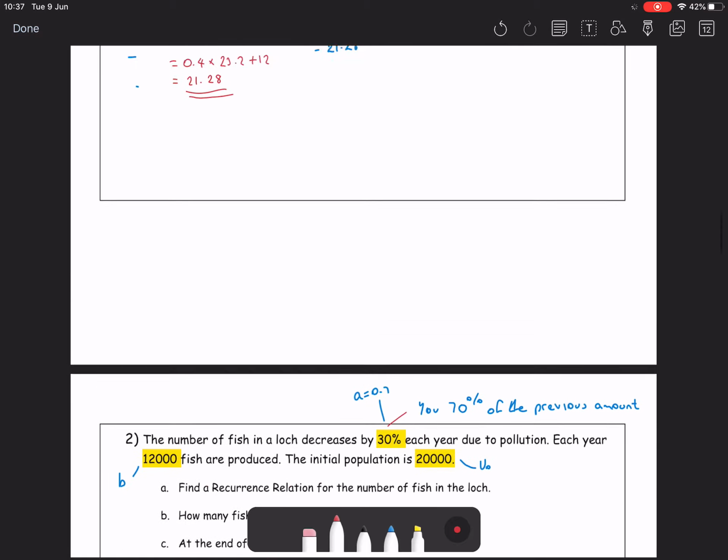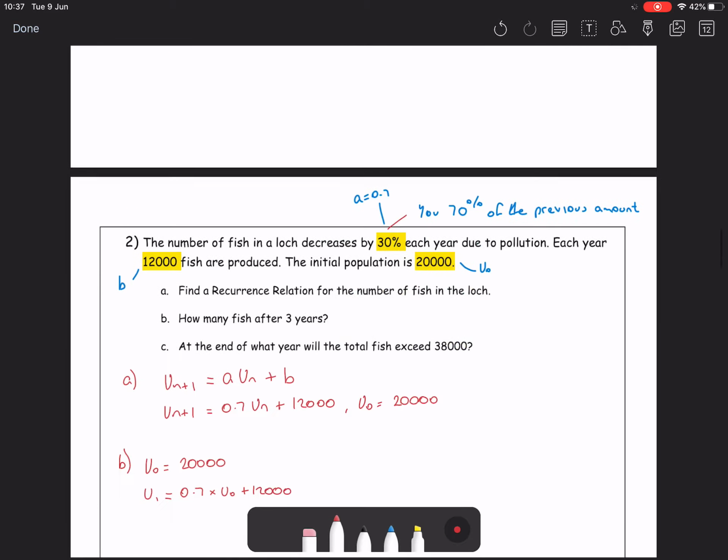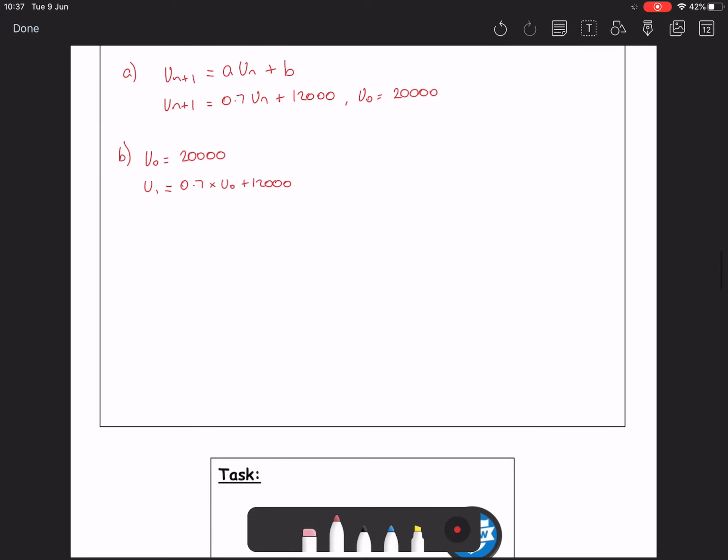Again, looking at my calculator, I'm going to write into my calculator my U0 value. I'll talk you through it this time. Refer back to the previous couple of examples if you need to be step by step in your calculator. So 20,000 and press equals. I have that stored within my calculator.